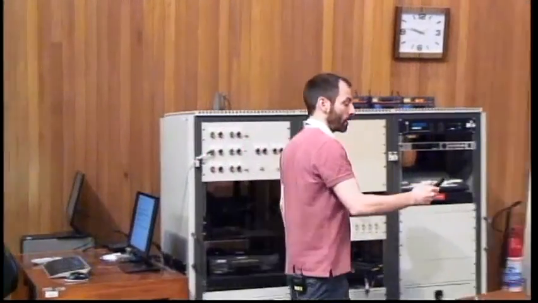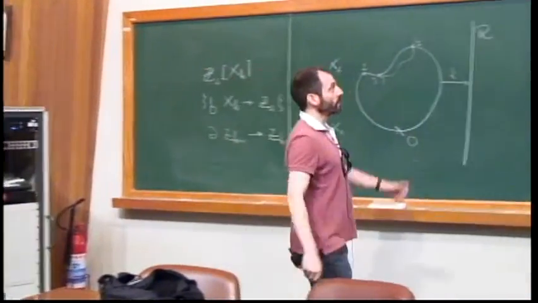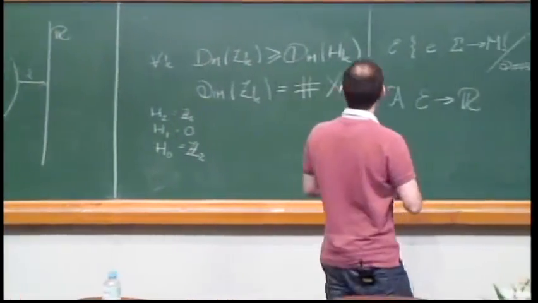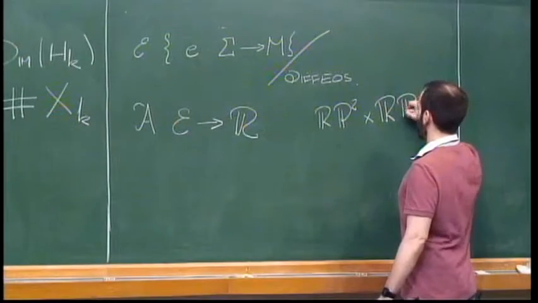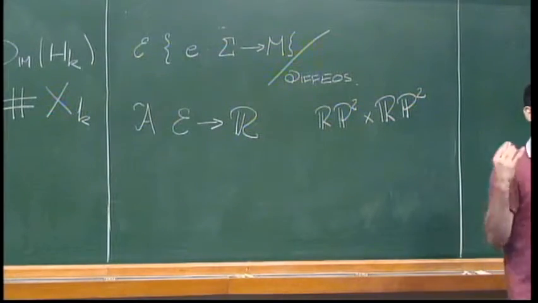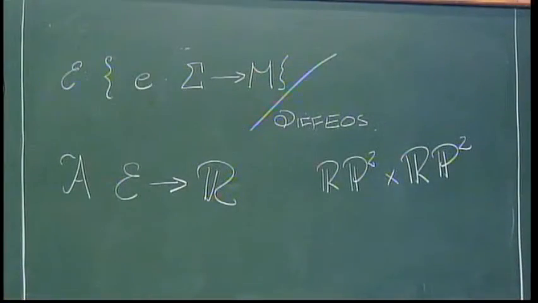So why 9? Well, the point is, if you look at certain special cases, you realize that the Z2 homology of this thing should be the same as the Z2 homology of the product of 2 copies of RP2. And what's the Z2 homology of RP2? It's quite easy to calculate.